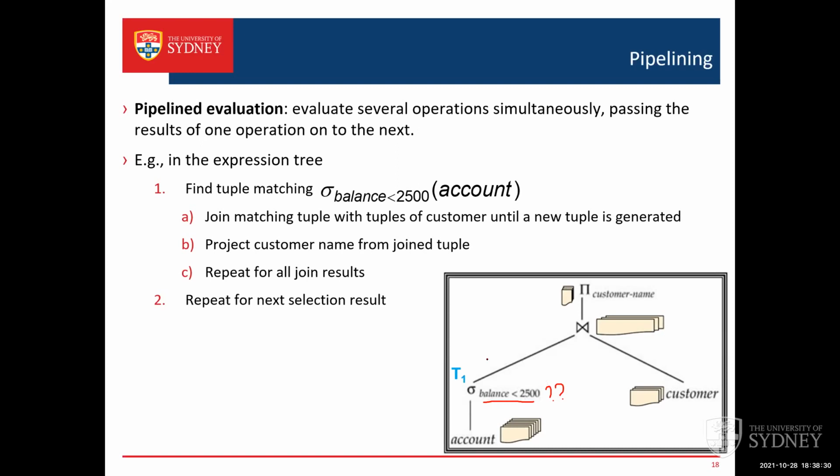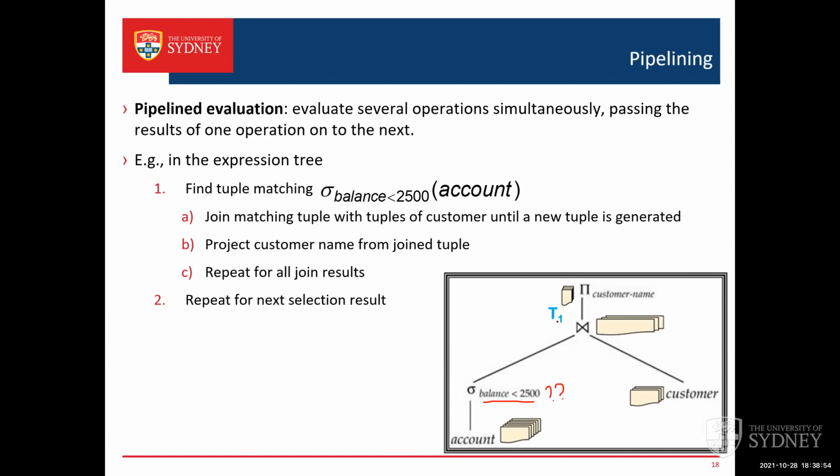So let's say T1 is my tuple one. Tuple simply means a row. So I figured out that T1 satisfies this condition from here. Rather than storing T1, we can simply push it into the next level, right? If T1 goes in here, based on T1 we will perform this join.